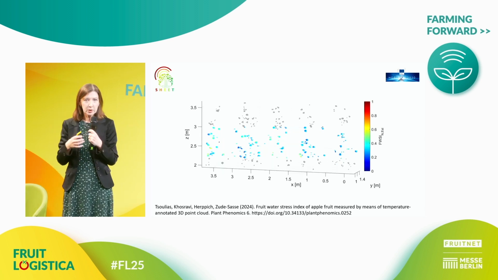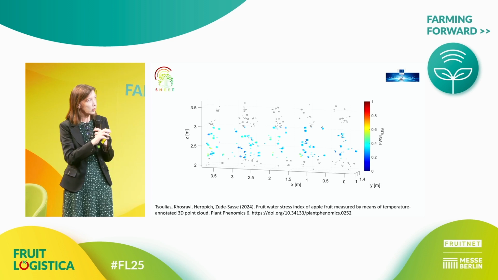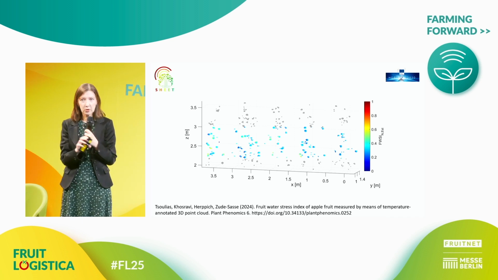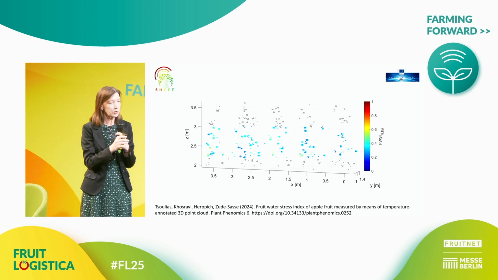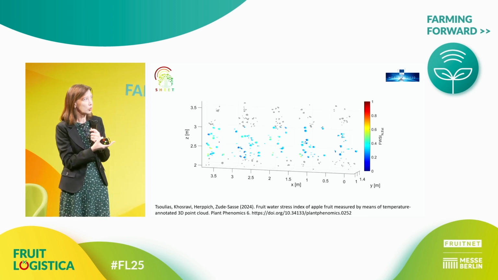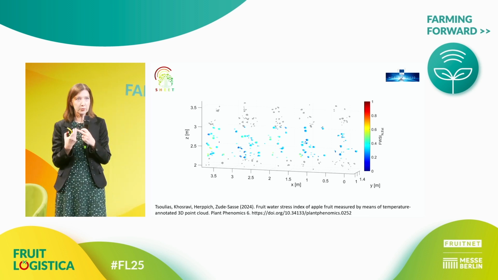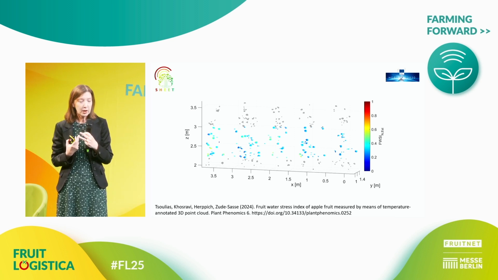So we segmented out the fruit. The colored points that you see now, they are individual fruit. And you also see the different temperatures then. And what we can do with this information, well, first we have the position of the fruit. We can calculate the size of the fruit. And we do have the temperature of the fruit.